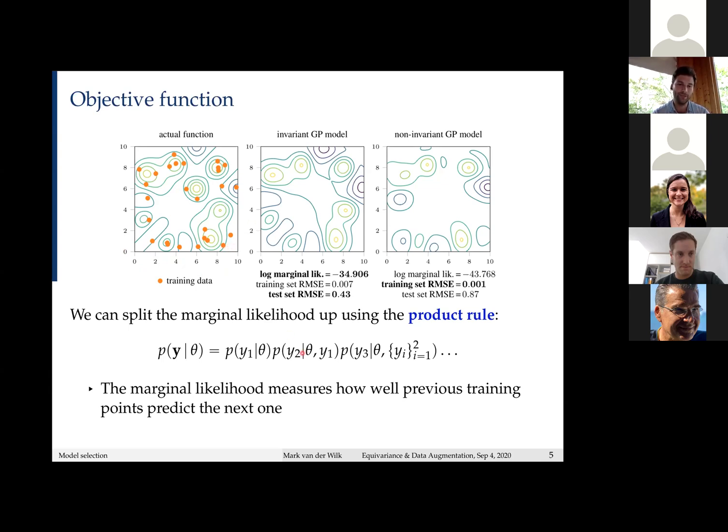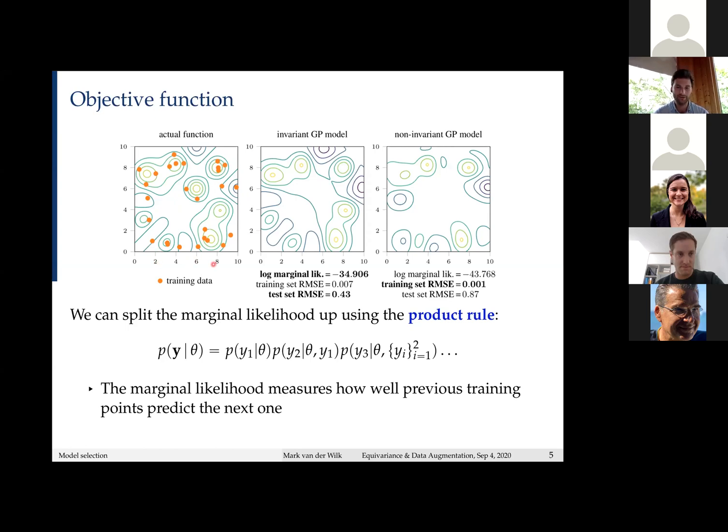So it'll give really high probability to the training data given the previous half that it's seen. Whereas the non-invariant model will make really incorrect predictions, even though it's given half of the training set.